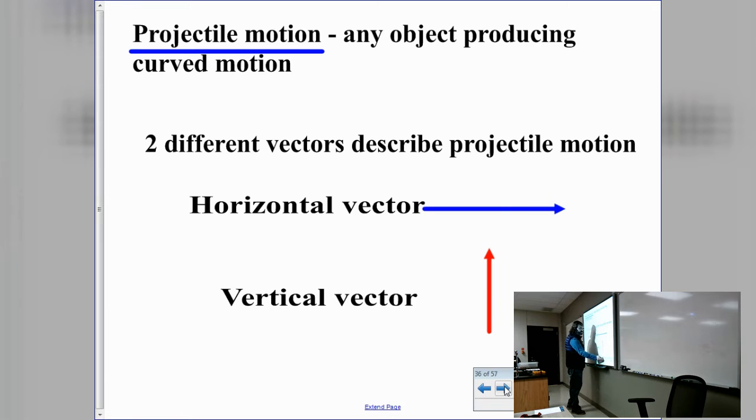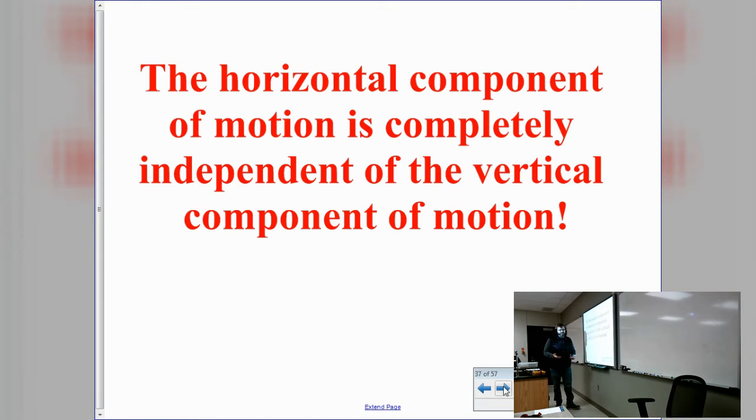One of the most important things from today's lesson is to realize that the horizontal component, the left and right portion, is totally independent of the vertical portion. It's kind of like we're solving two separate problems and then merging them together.